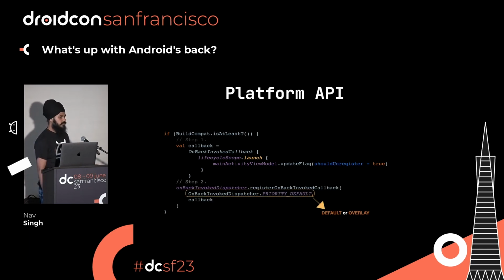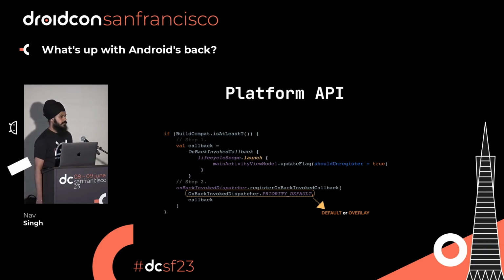do a check. If you're at least running T, then initialize your callback, and then register your callback. When you are using the platform level API, you need to provide a priority. There are 3 priorities exposed to developers. The default is for activities or other components, and the overlay is for example menus or when you have drawers in your application.